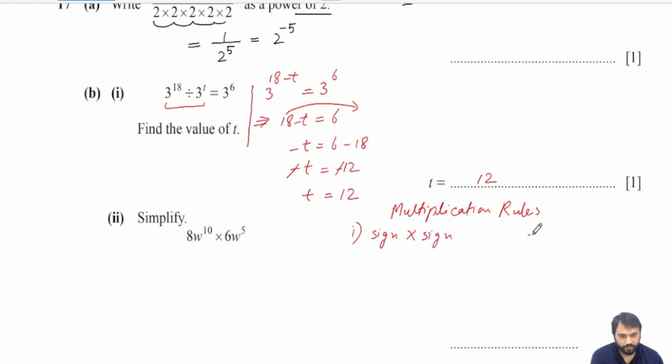If we have positive or negative signs, then first the signs should be multiplied. After that, coefficient multiplied by coefficient. In this case, we have 8 and 6, and both have positive signs here. And the third is variable into variable. For variable into variable, we apply the index rule.